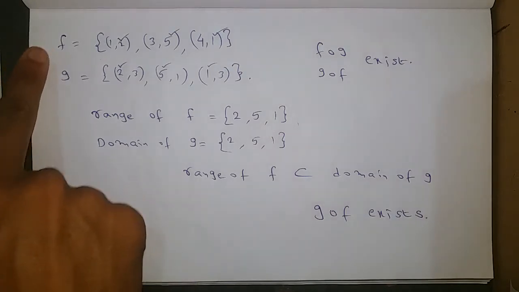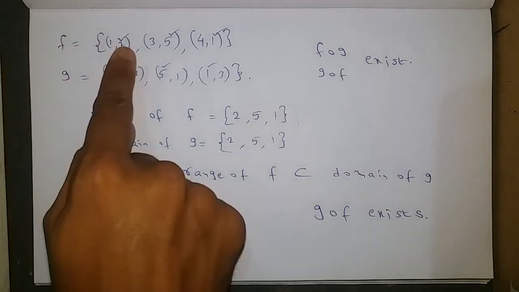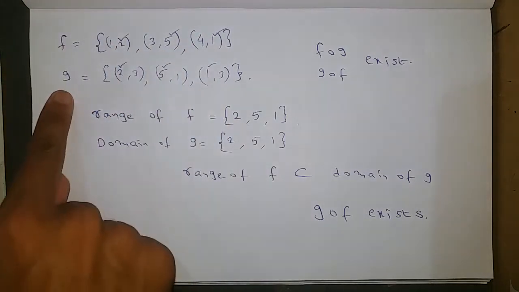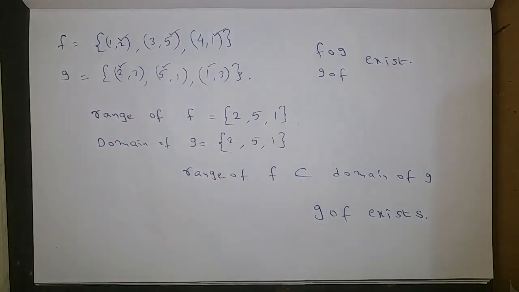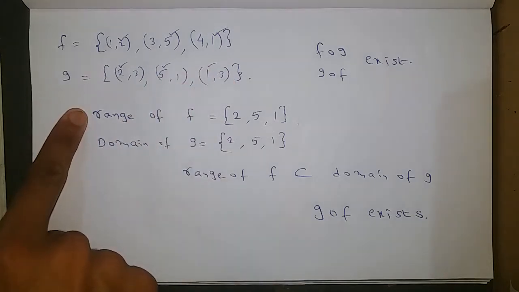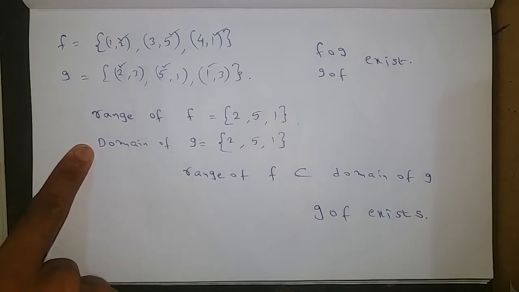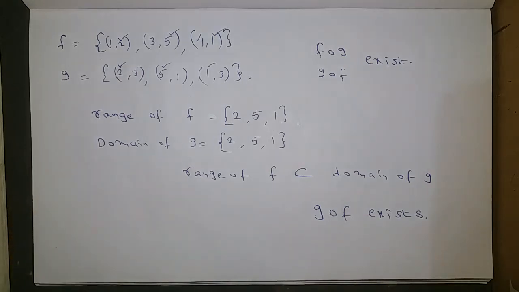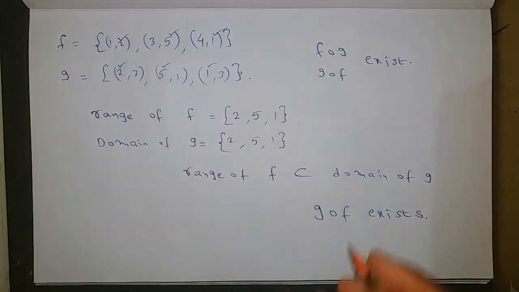First, for the given functions f and g, for f write the range, so we will get 2, 5, 1, and for g write the domain, we will get 2, 5, 1. If the range of the first function is a subset of the domain of the second function, then we can say g of f exists. Next, let us write range of g.